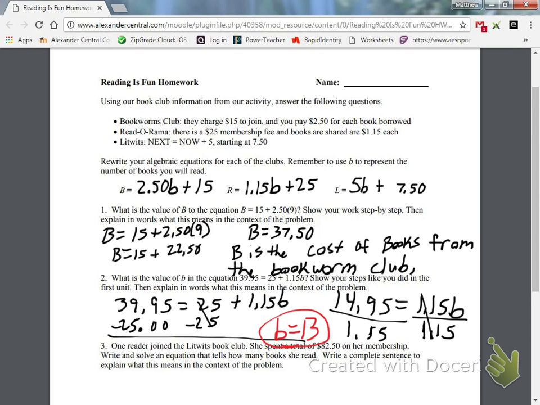So we solved, we said B equals 13. Going back to our original setup, what does the lowercase b represent? Number of books we rented. So in this case, from the Readerama Club, this person checked out how many books? 13 books.